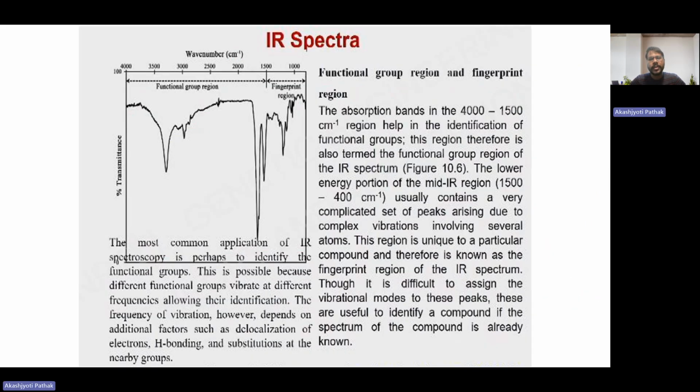So, the functional group region and fingerprint region. If we consider a protein molecule, these proteins have amide bonds or peptide bonds. So what is the peptide bond? You know that there is a CONH. Then there will be a COO minus group, and there will be an NH3 plus group.